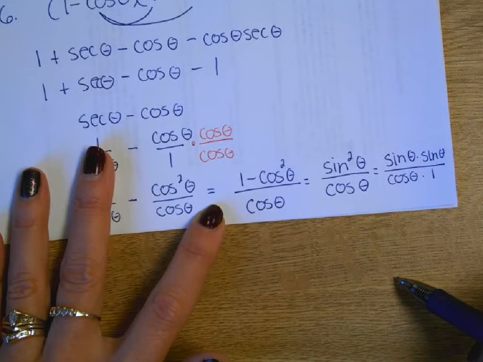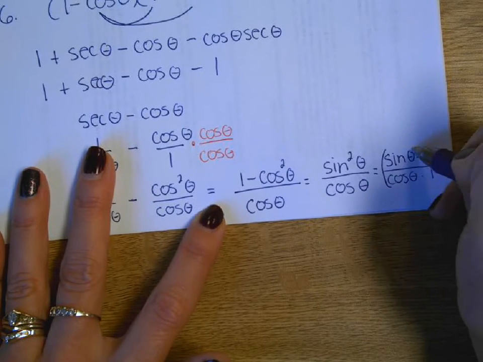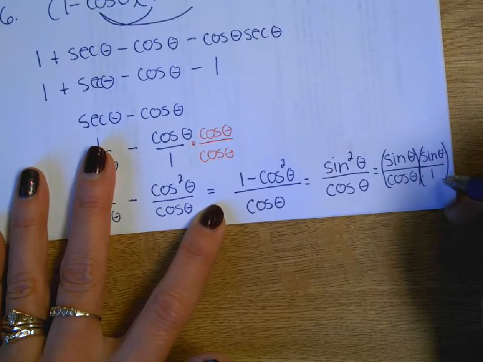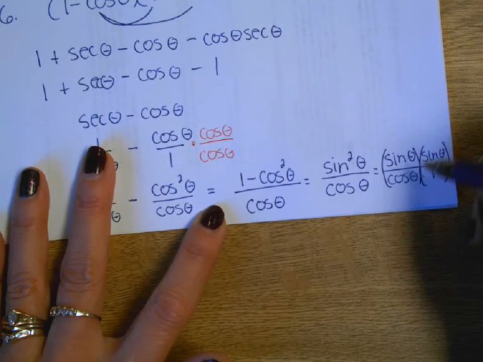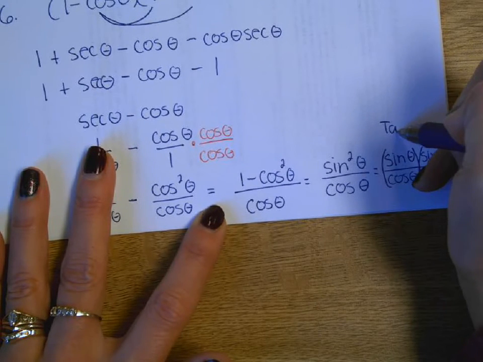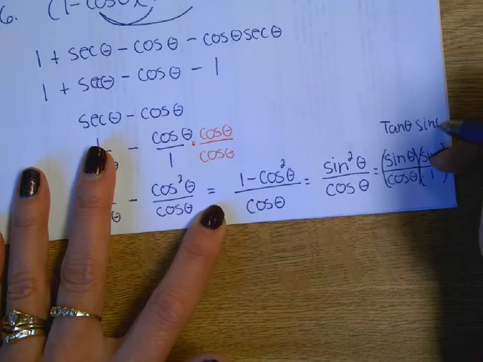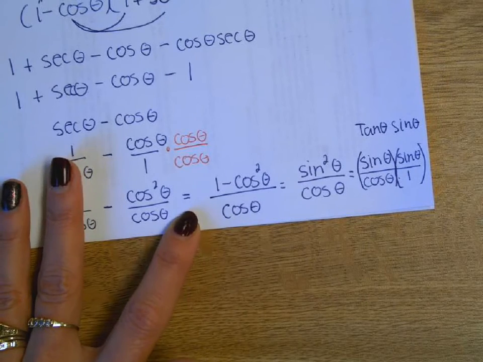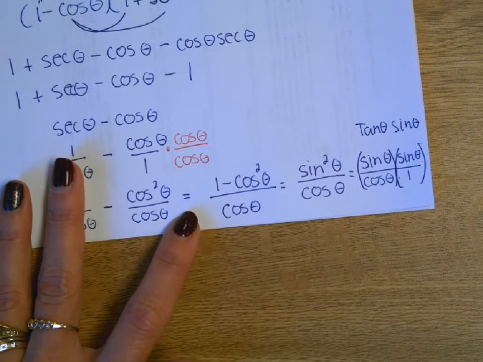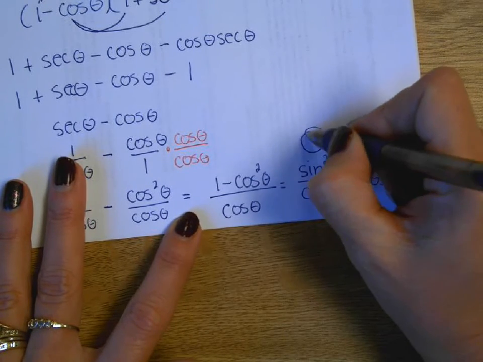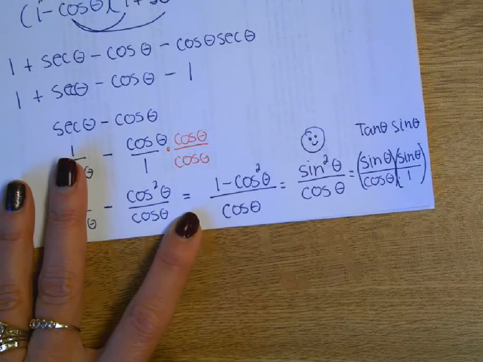Cosine is cosine times 1. If I multiply these two together, what is sine over cosine? Tangent. And sine over 1 is sine. So they take it 2 more steps. I am perfectly happy right here.